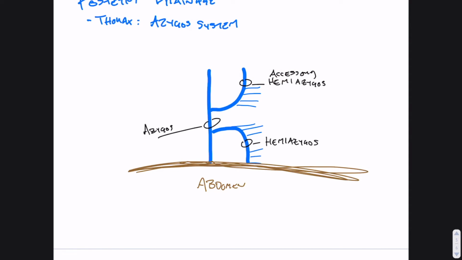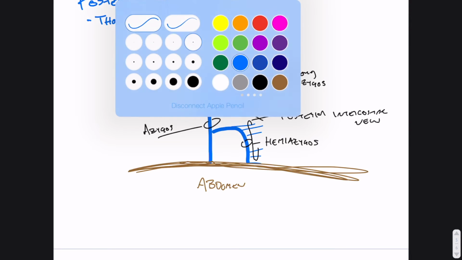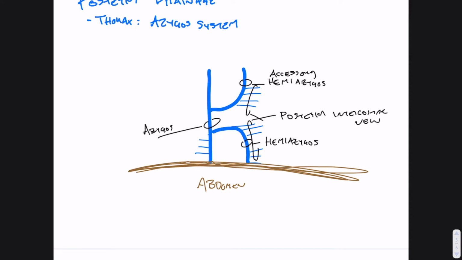But each one of those little veins I drew coming off, these little guys here, as well as these ones here, those are posterior intercostal veins. They run right alongside with the posterior intercostal arteries, and they drain any musculature that's posterior. So we also have some coming into the azygos over here. So those are all posterior intercostal veins.